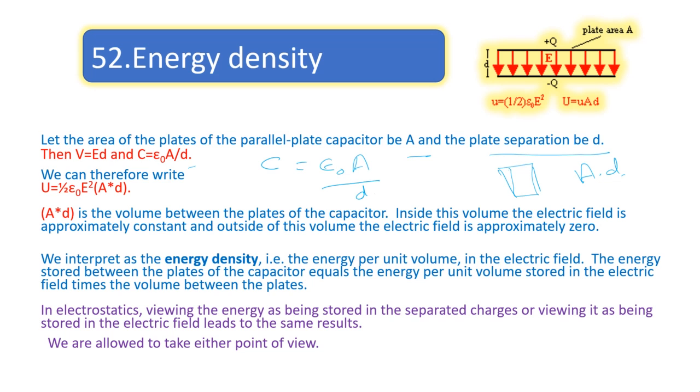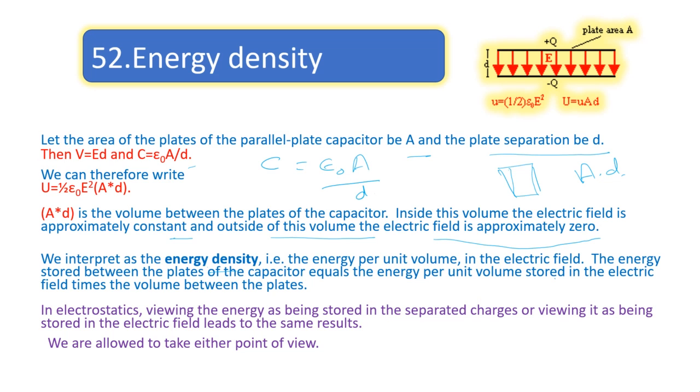Inside this volume, the electric field is approximately constant, and outside this volume, the electric field is almost zero. We interpret U divided by that volume as the energy density, the energy per unit volume in the electric field.